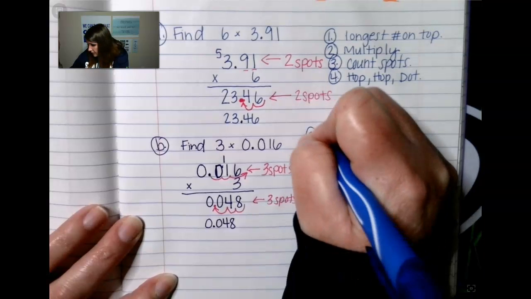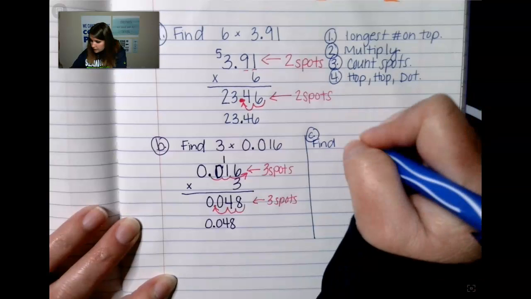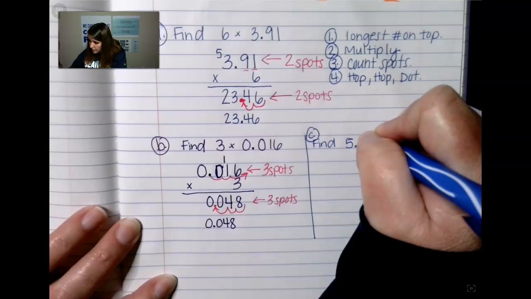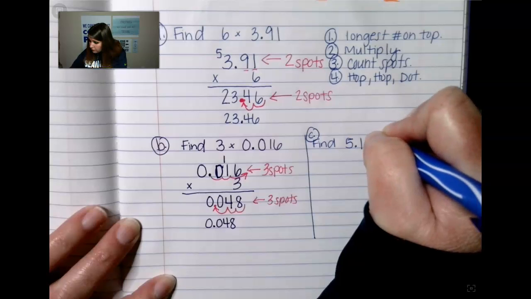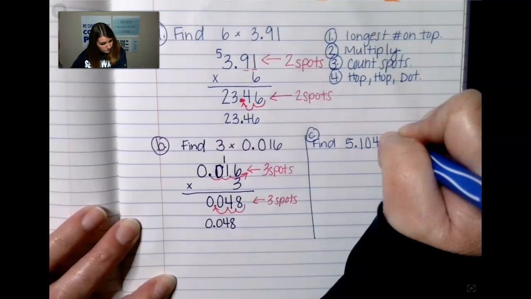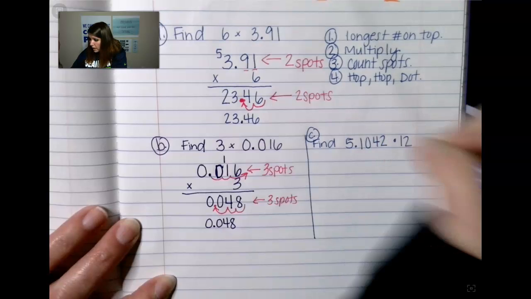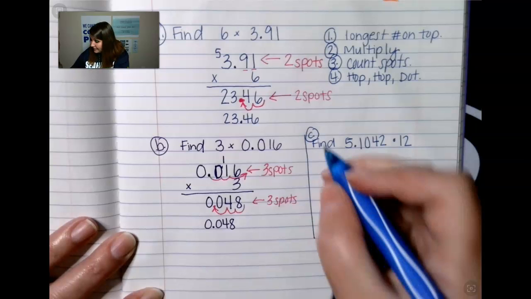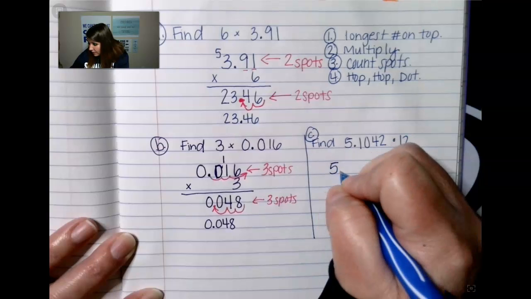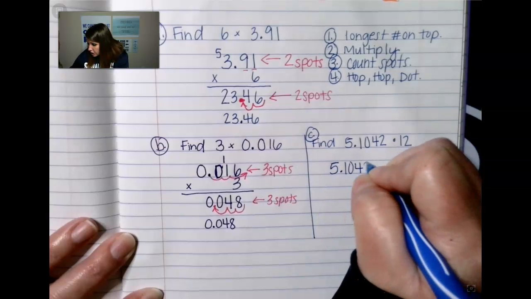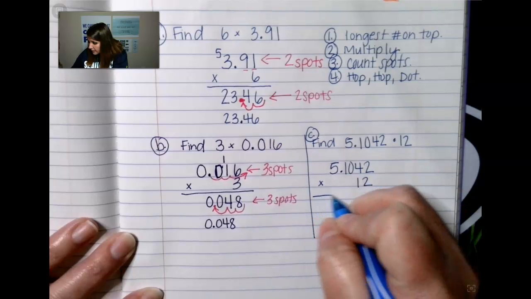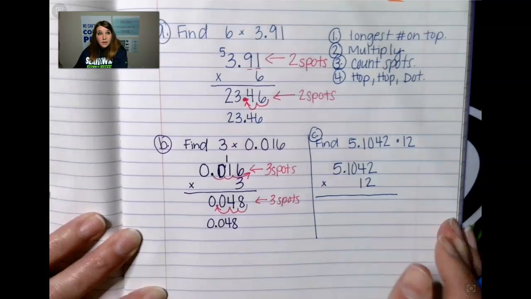So this is example C: find 5.1042 times 12. Now we're going to write it with the longest number on top again: 5.1042 times 12.